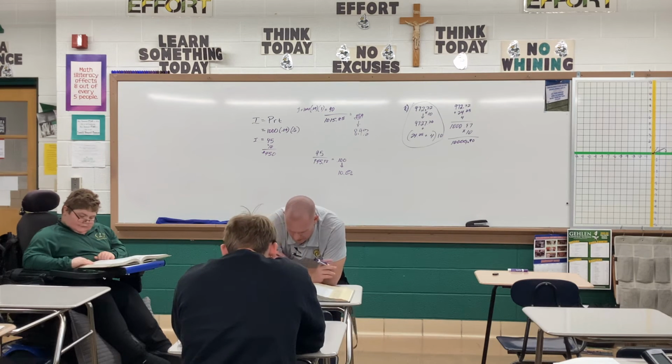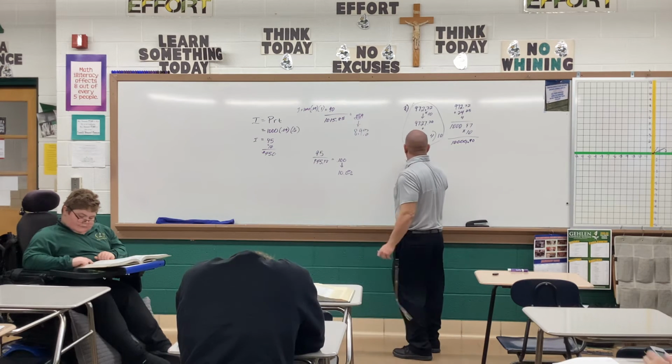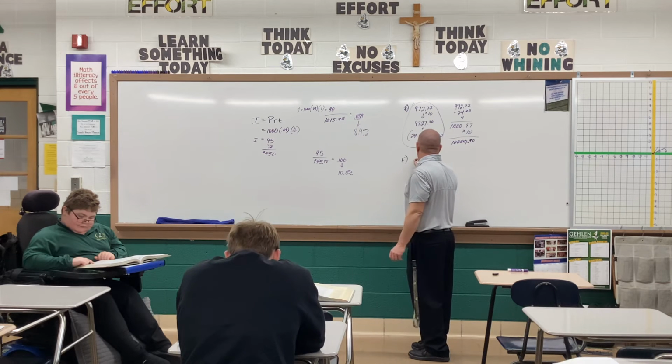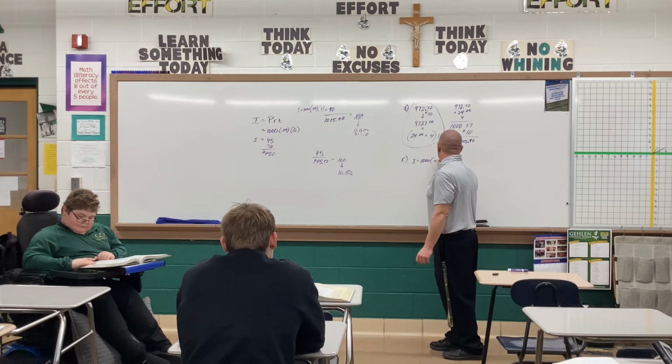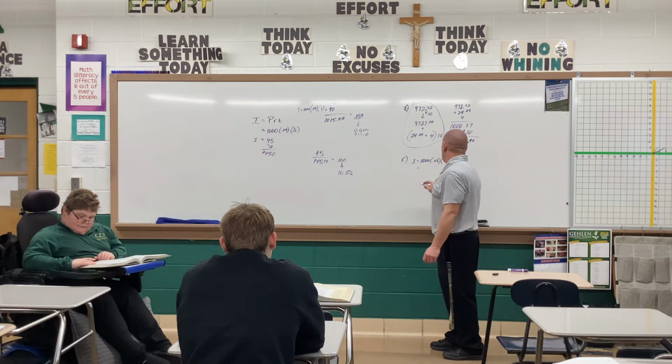So, here's the first thing. The first thing I'm going to do is figure out how much interest I did. So I'm going to do I equals PRT. It's $1,000, 8%, and I'm going to do it for a year because I want to know the grand total, right?